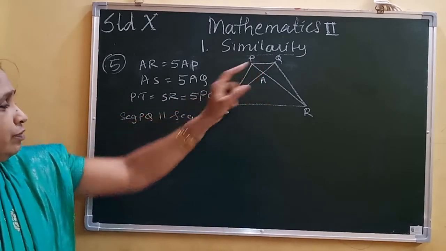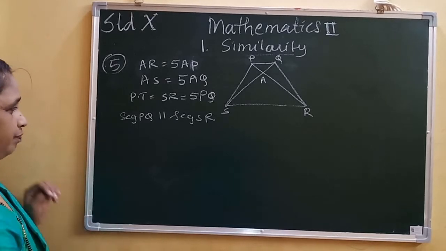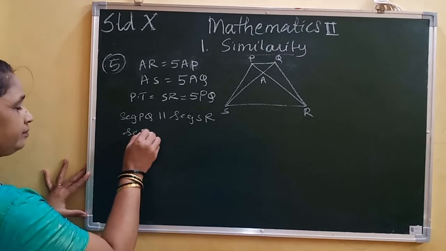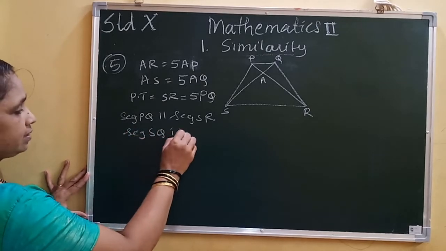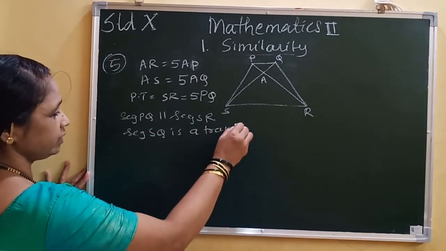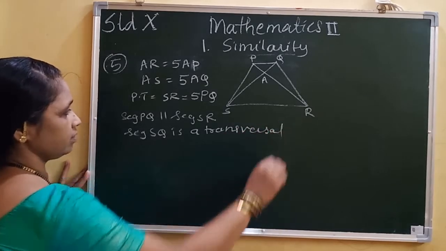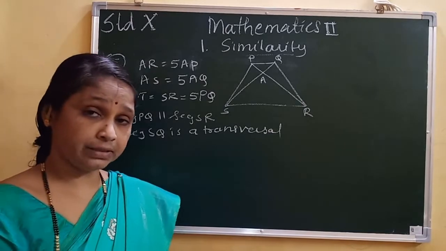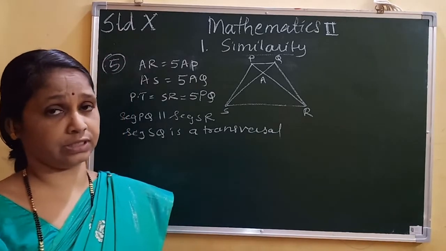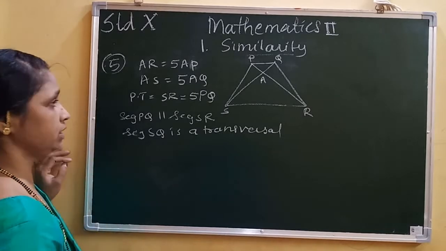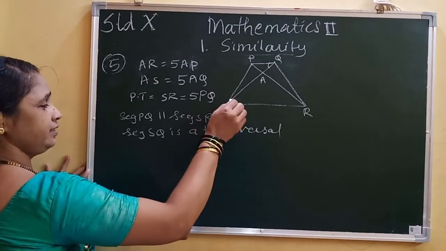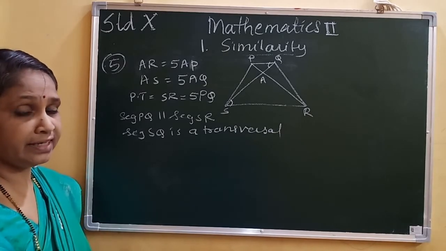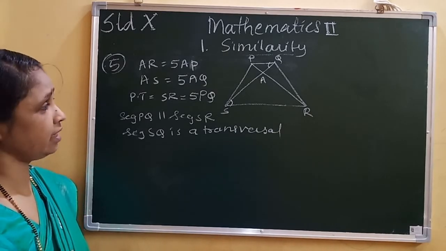So if PQ is parallel to segment SR, then segment SQ is a transversal. Then the angles made by the two parallel lines and the transversal, see here, this angle and this angle, will be alternate angles. Now alternate angles are congruent.